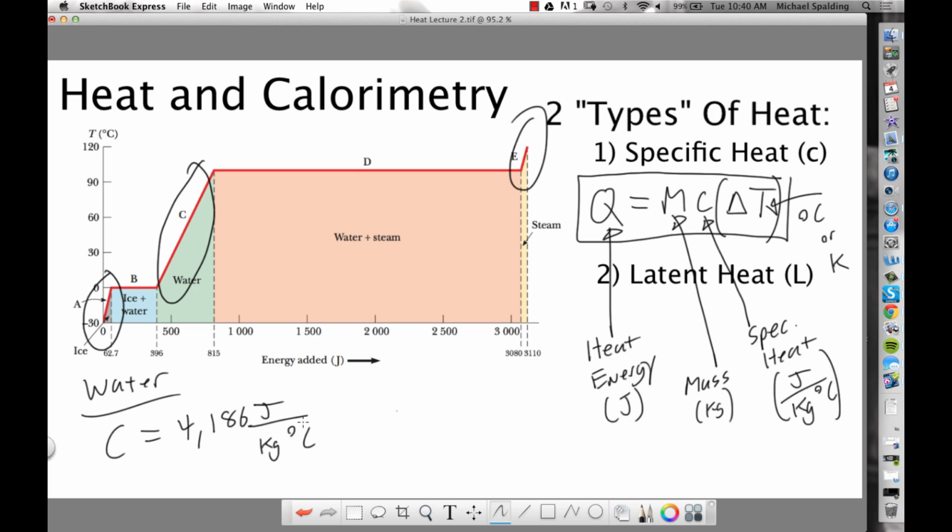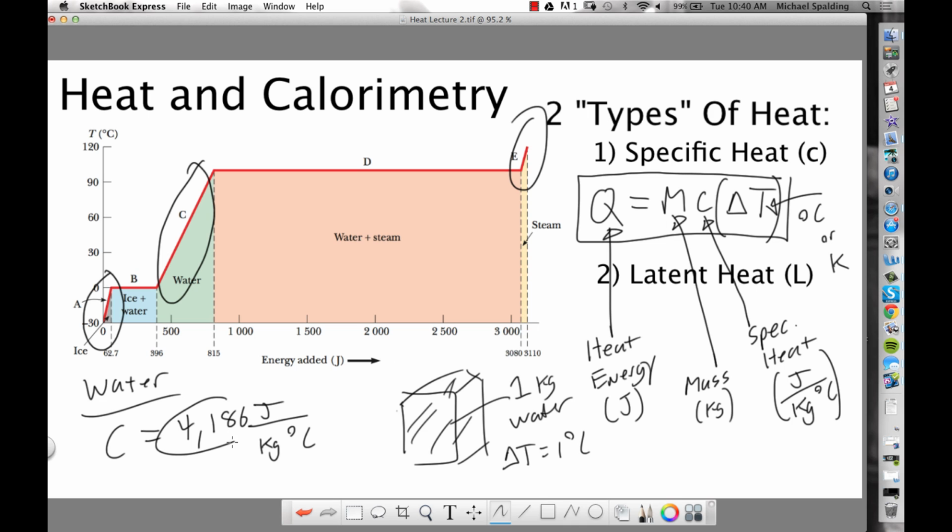So say, for example, I'm holding a water bottle in my hand. If you're watching the video, here's my little box, I can't draw, that represents 1 kilogram of water. If you took 1 kilogram of water and changed the temperature by 1 degree Celsius, so that could be 30 to 31, it could be 52 to 53, any change of temperature of 1 degree Celsius, how much energy would be required to do that? 4,186.